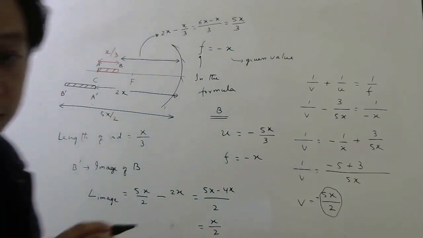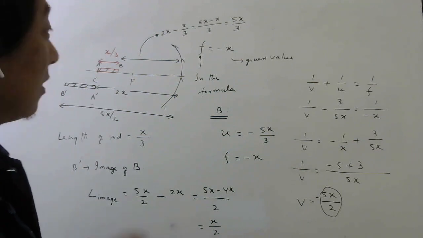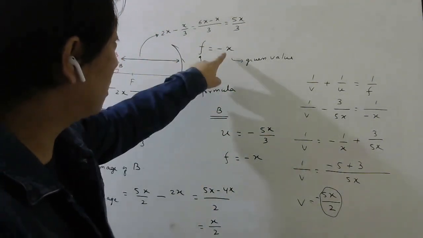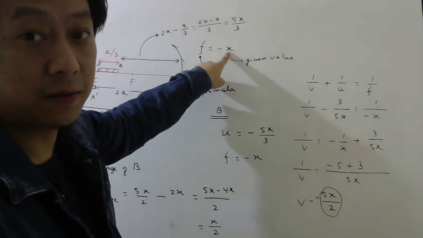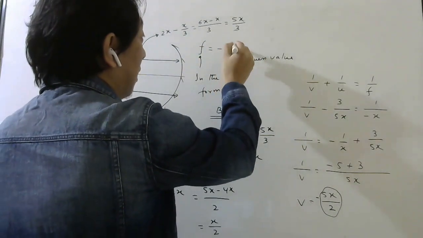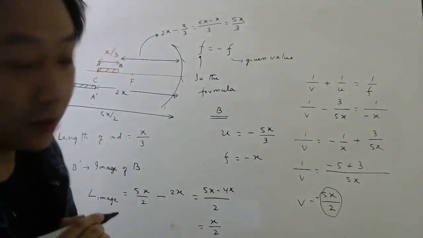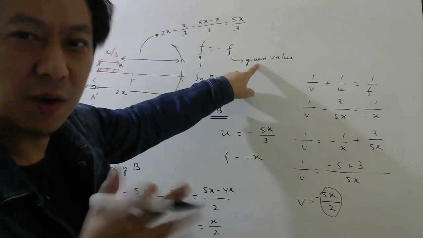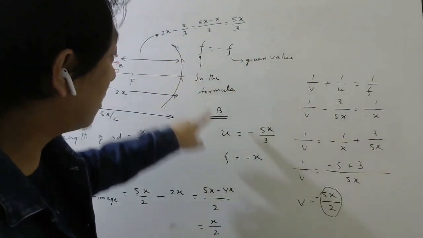Which means in terms of whatever they told, they had given the focal length of the concave mirror as f. That means this was given as f. Again, be careful. Initially what I wrote here was f only. Remember, this f was the given value, 10 centimeter, 20 centimeter, whatever it is. This is the one that is in the formula.